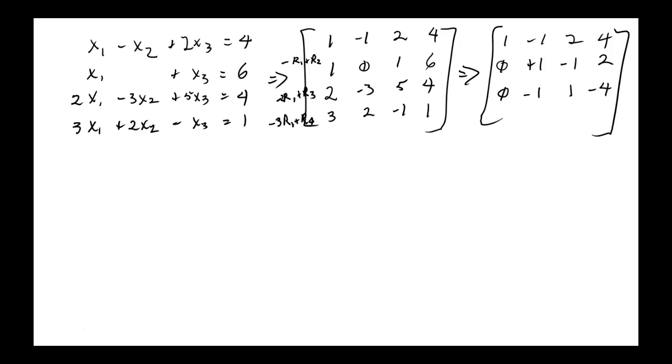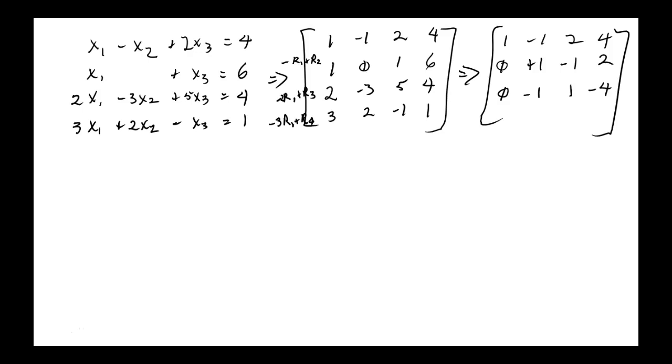And that works. -1 times this plus that. The opposite of this times that. -2 times this plus this. That will give you a 0. The opposite of this, -3 times this plus that. Works every time. That's how you choose what your multiple is, and then you add. And it does. It works.